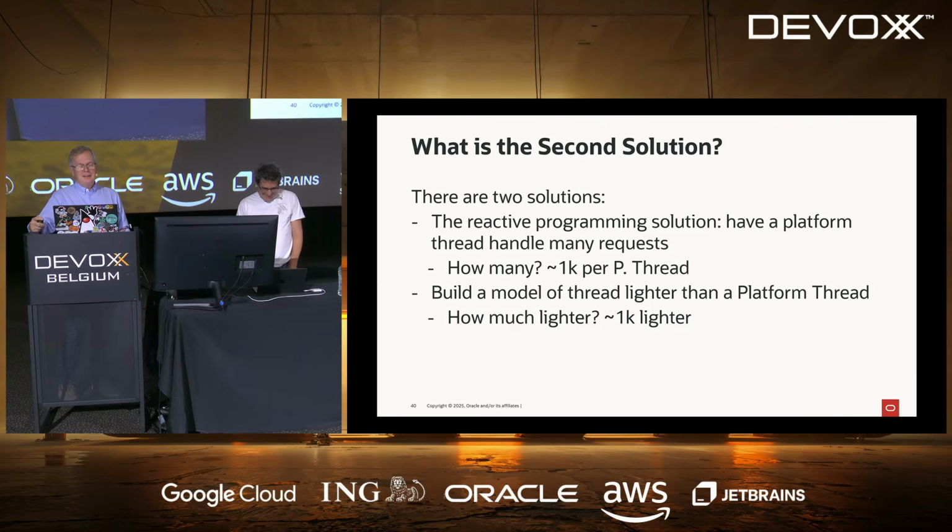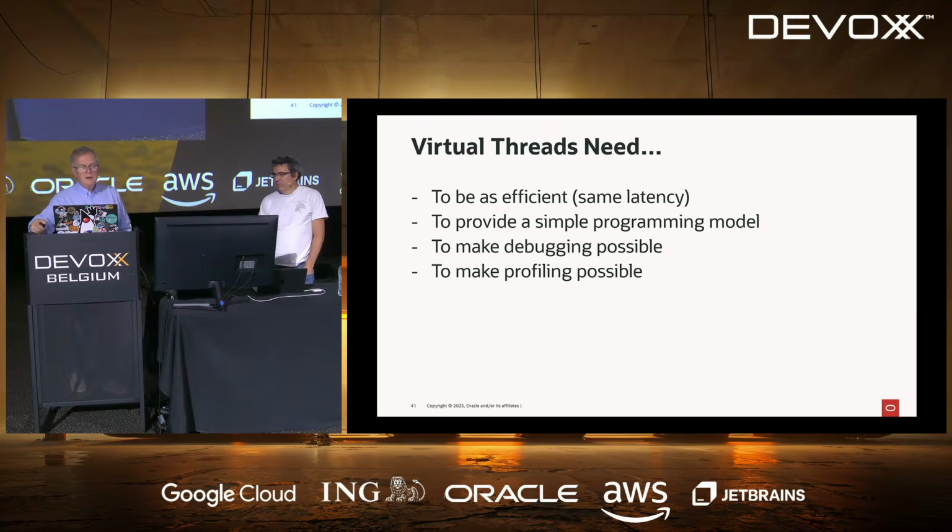Actually, it's not. This is what you need. If you gain just a factor 500, it will not free you from having to write reactive programming. You need to have at least a gain of 1,000. And it also needs to provide a simpler programming model.